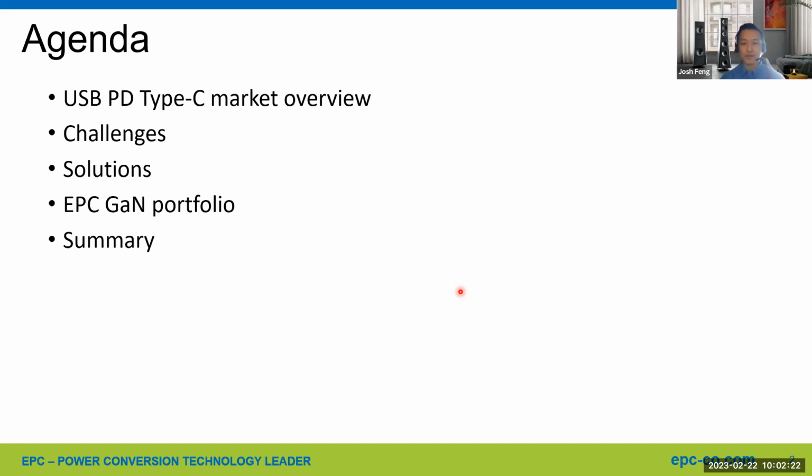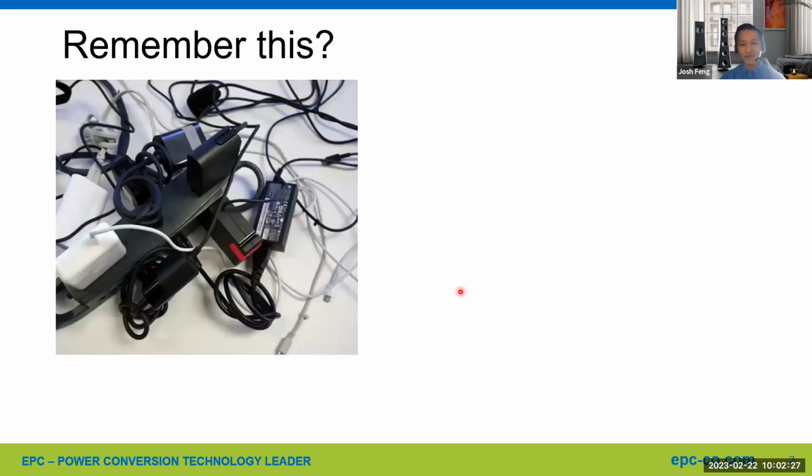Okay, good. Let me share with you a very simple, quick slide. Remember this? I happen to have one of my outlets still looking like this because my significant other believes that every single electronic device requires a dedicated power adapter. That's not quite the case anymore, right?